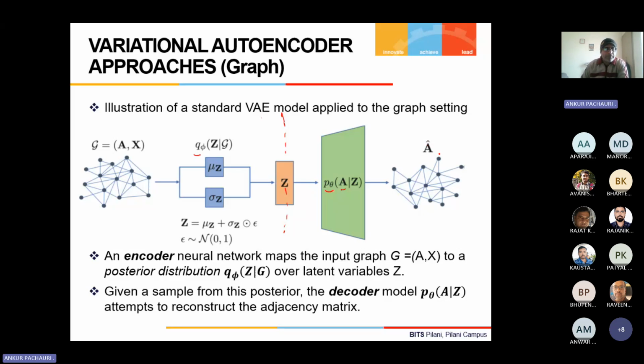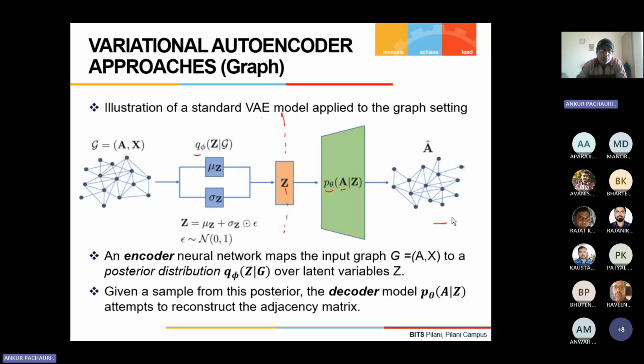So definitely there will be some loss, because my intention is to generate the exact graph which was given as input in the beginning. But as I have reduced the dimension, some information will be missing. So exactly the same graph cannot be reconstructed. There will be some loss of information and some distortion in the graph.